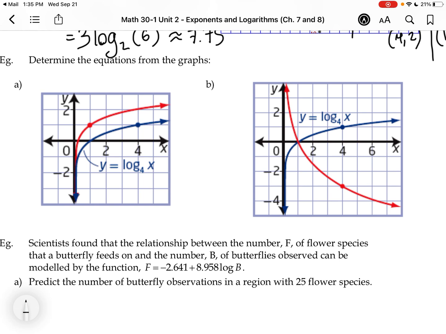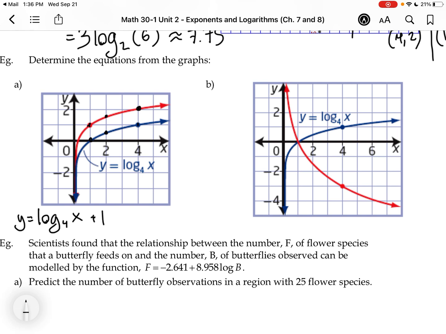So I think probably the most obvious is that if you compare the red graph to the blue graph, everything's been moved up 1, right? So all the y values have gone 1 up. So that's a vertical translation up 1. So the new function would be log base 4 of x plus 1, okay?